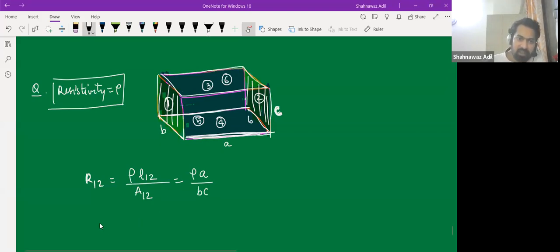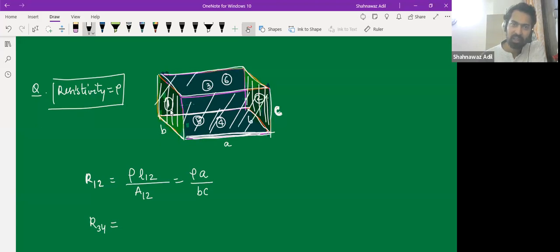Okay, now if I ask you what is the resistance between 3 and 4, right? So 3 is this one. Let's say you have these walls. The opposite wall, this wall you have calculated, and now you are calculating this wall with this one. We know that this is C, and we are talking about this wall.